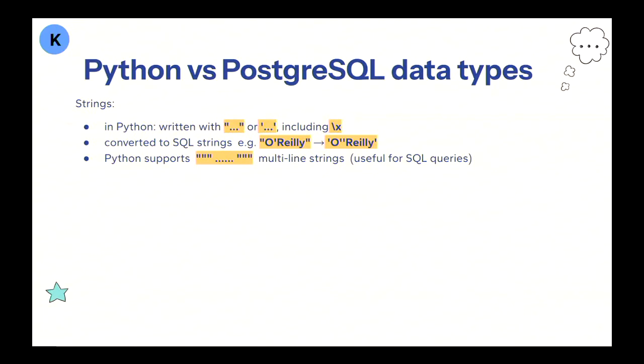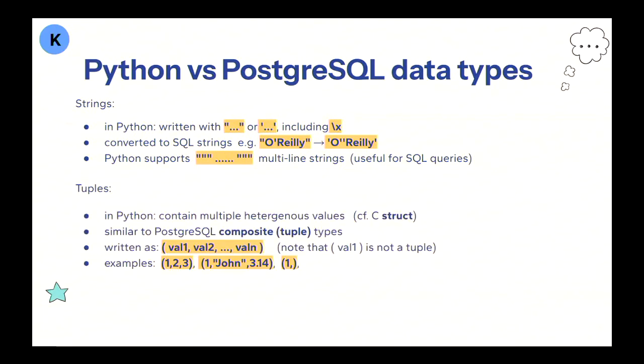So here are some basics about strings, and do take note that Python does support multi-line strings with triple double quotes. You can use multi-line strings to hold the SQL statement you would like to execute with the cursor, which could be helpful.